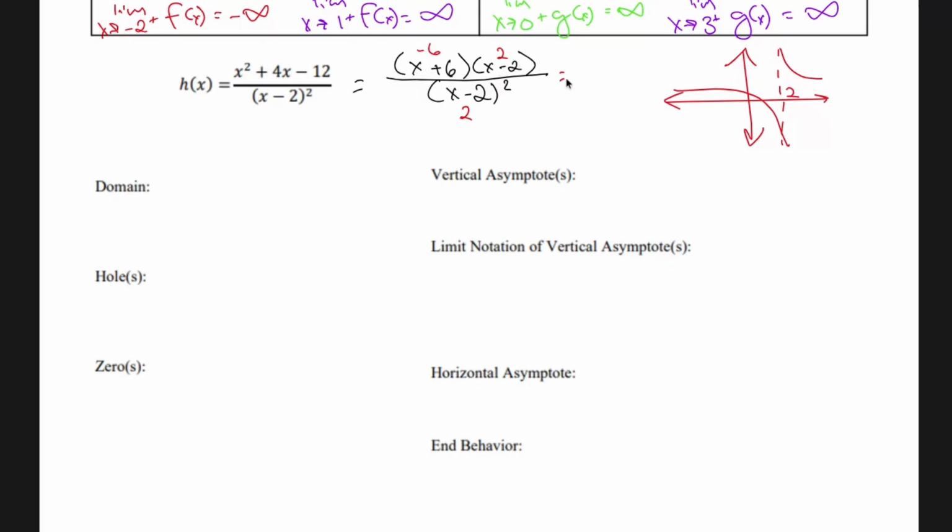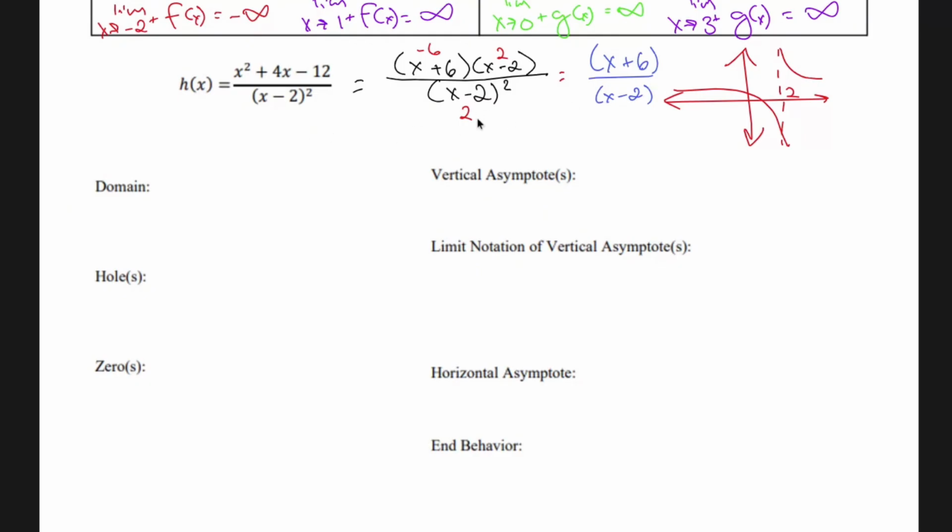And what actually happens is, since you have an x minus 2 on the top and an x minus 2 on the bottom, they kind of cancel each other out, and the graph appears to be this guy. Okay? The graph will appear to look like that. So that's why no weird double infinity multiplicity things are going on, because it's going to look like that.